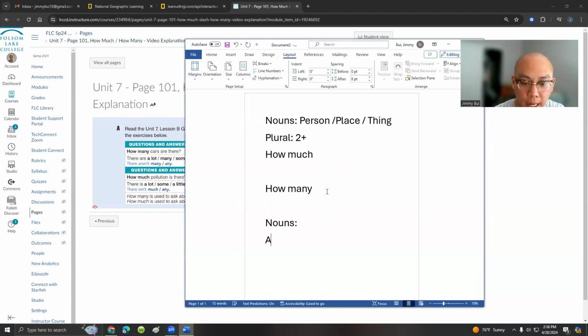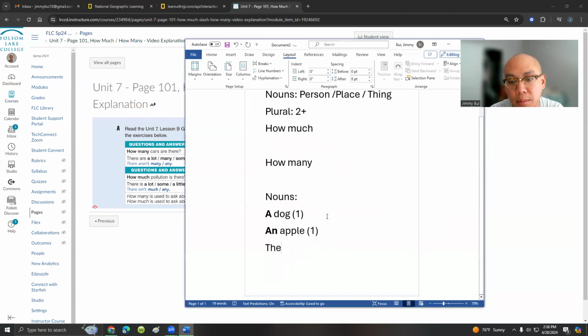usually a dog, a singular noun, starts with an article, a or an, right? A dog, an apple. And when you have a or an, this shows that it is only one. One dog, one apple.